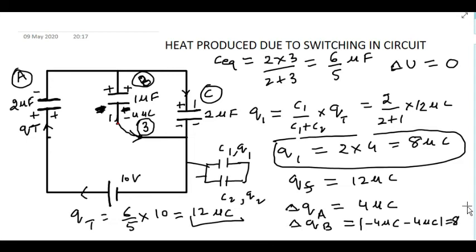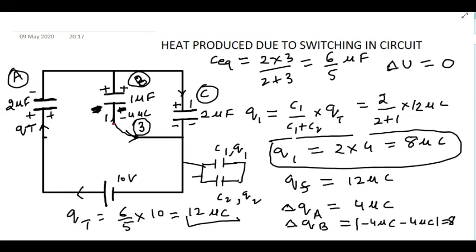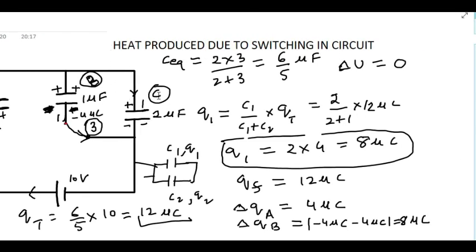So I will write here, this is the 8 in charge with the capacitor C. I have named it C. Again initially it was 12 microcoulomb, now it is 8 microcoulomb. So the change associated with the third capacitor is again 4 microcoulomb.